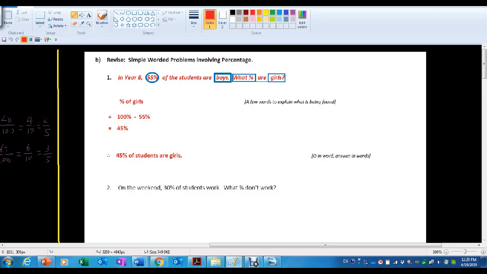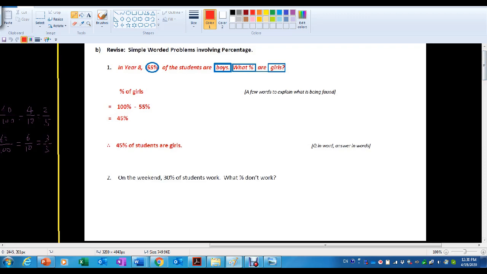So the working would be like this: 100% means the total, all of the students, take away 50%, so that will give you 50%. So 50% of students are girls.